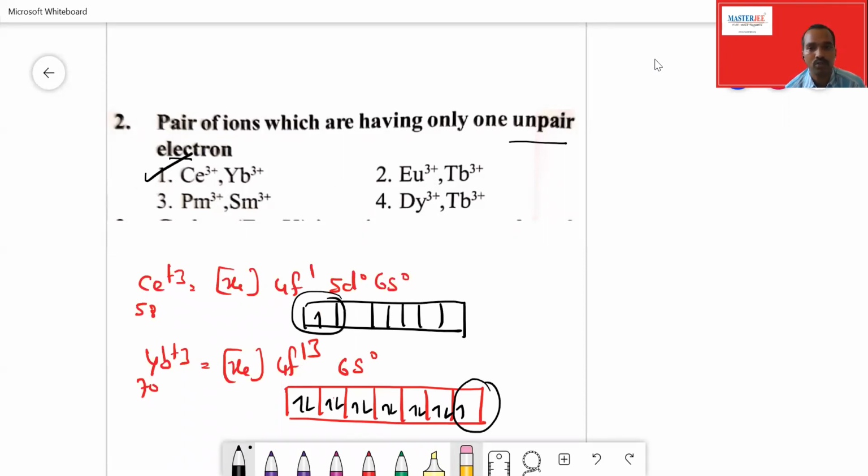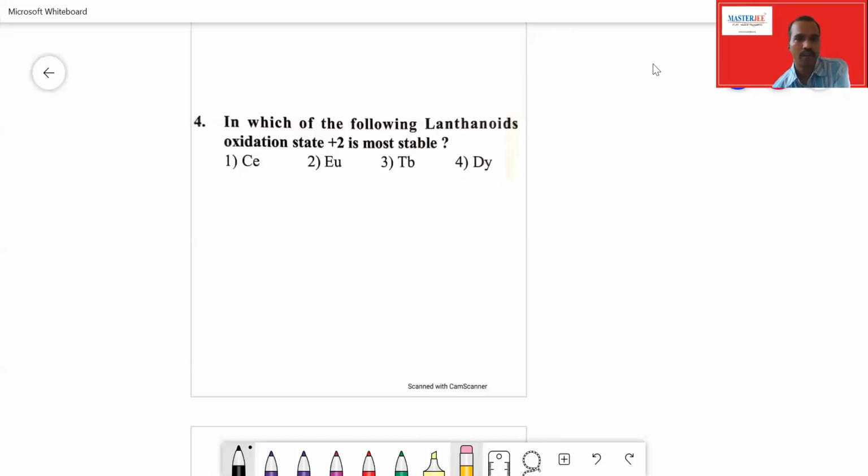Next question: in which of the following lanthanides is oxidation state plus 2 most stable?